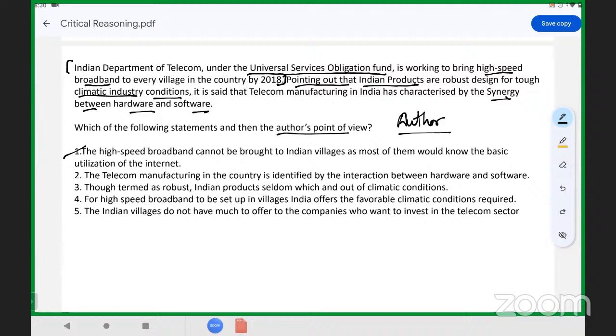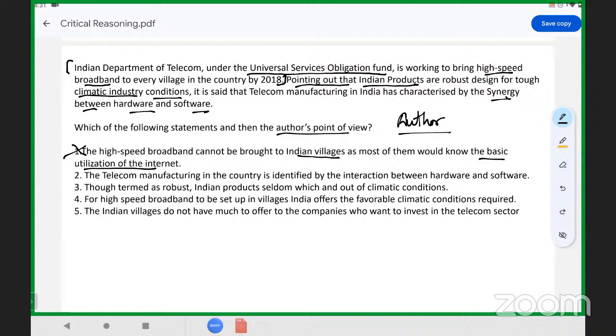Here the point talks about most Indian villages not knowing the basic utilization of the internet, which is not the true inference that we are looking for. So this will get cancelled out.